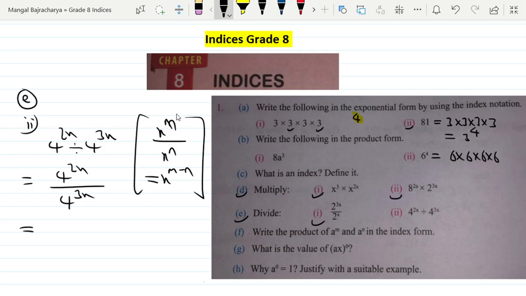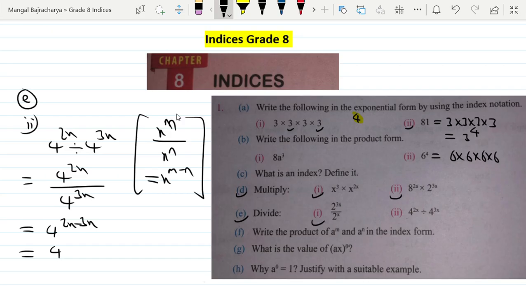Here terms are getting divided, so we subtract the powers. While subtracting, we can go two ways. The very fast way uses the same rule of division: power gets subtracted, and I bring it above, neglecting which is greater, so we get 4 power minus x.